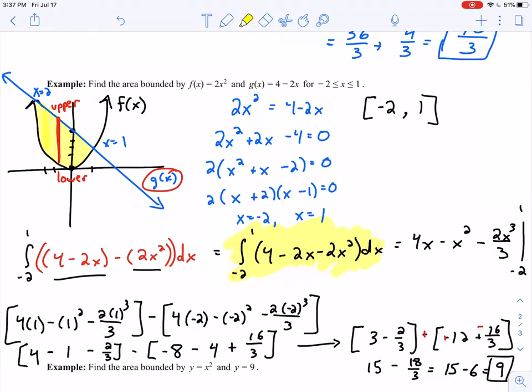We should end up with just a definite integral that we should evaluate, and we know how to do that from the last section. So really the new ideas in this section are just setting up this definite integral, which will tell us the area between the two curves.